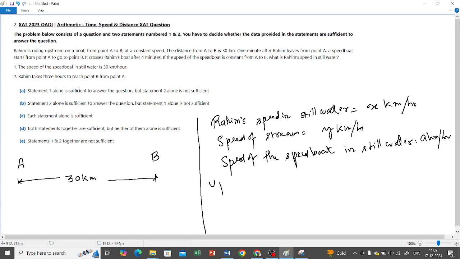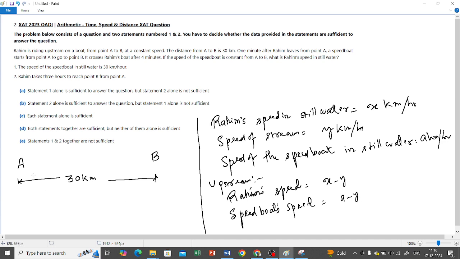So for upstream, what is going to be Rahim's speed? That is x minus y. Right? x is the speed in still water, and the speed of the stream is opposite, so x minus y. What is going to be the speedboat's speed? That is a minus y.